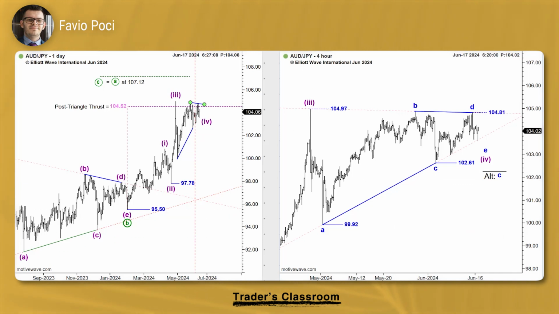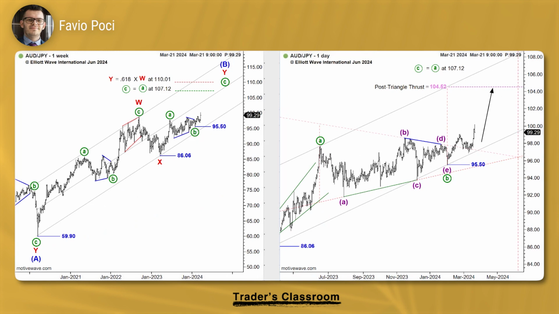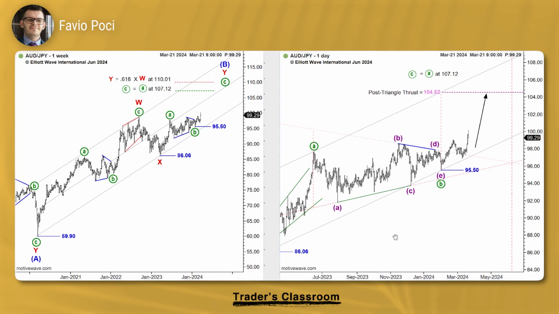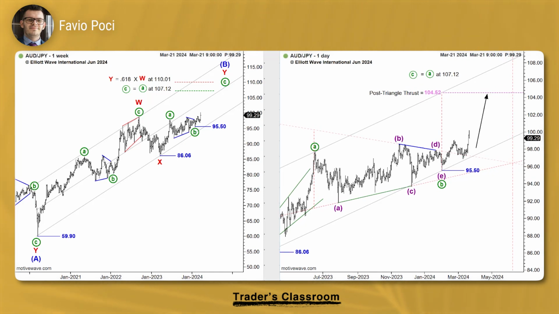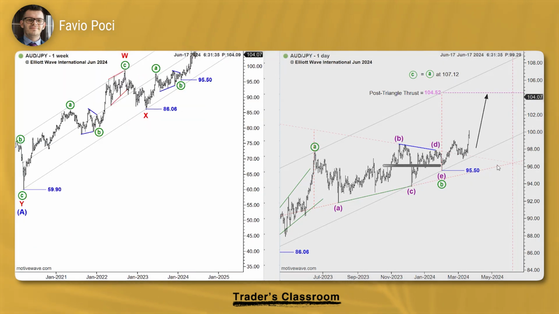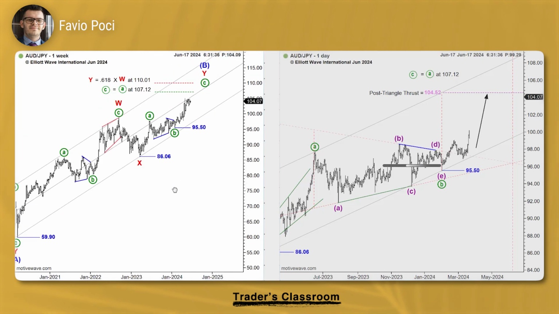And something I forgot to mention is from the initial extended trend line, we come to an apex, the zone where it often coincides with a turn in prices. So will that actually be the end of the post-triangle thrust and the entire higher degree pattern?